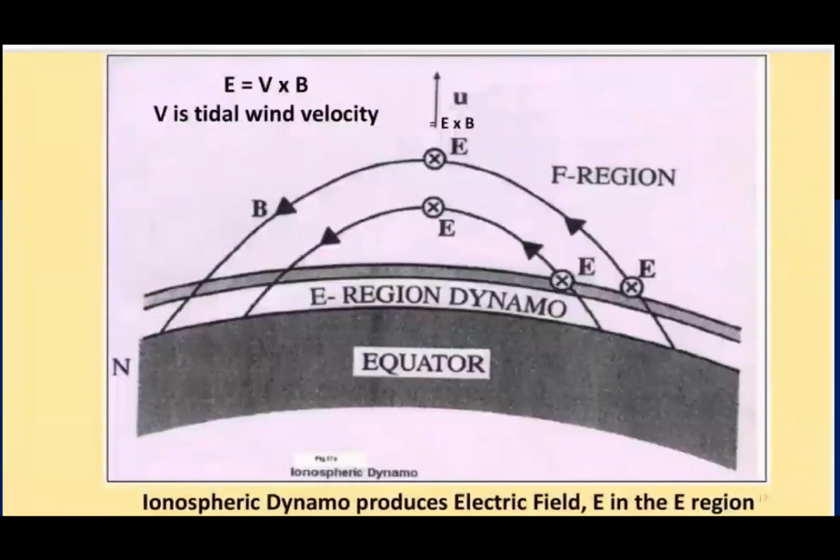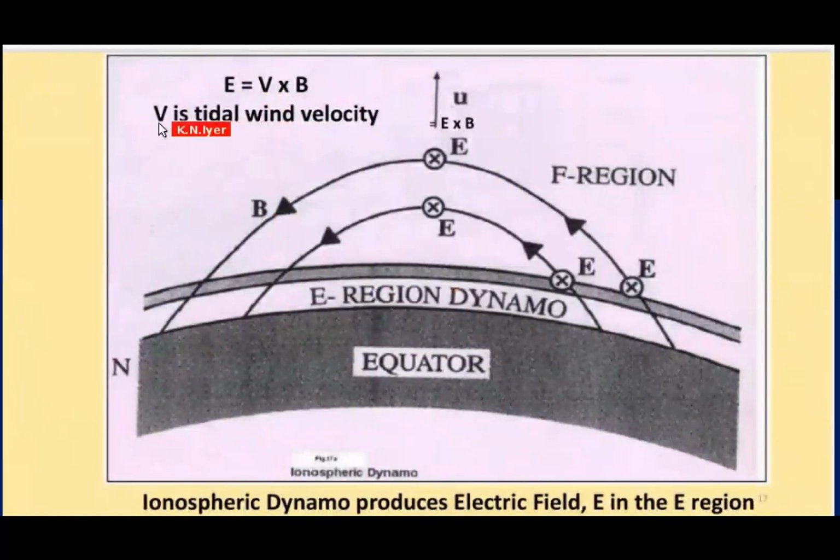That is what is shown here. Now, therefore, there are the winds, tidal winds. Tidal means they are driven by the tide, and therefore they have periodicities of the tide like diurnal and semi-diurnal, etc. So these tidal wind components are superposed atmospheric motions, and corresponding to that, you will get an electric field by a process called dynamo action.